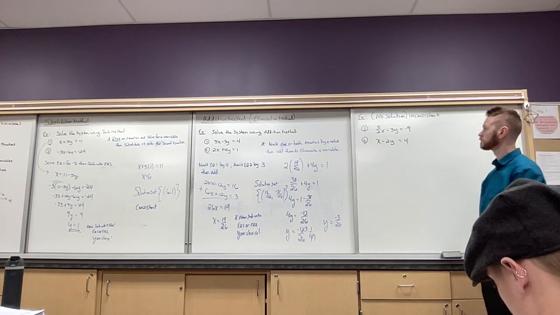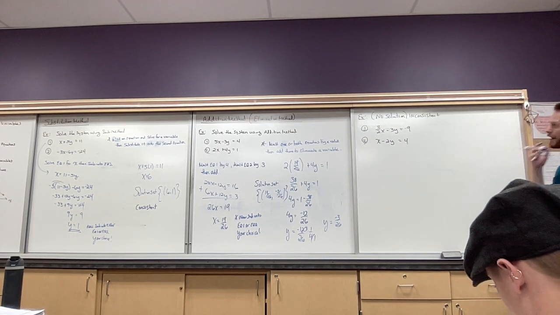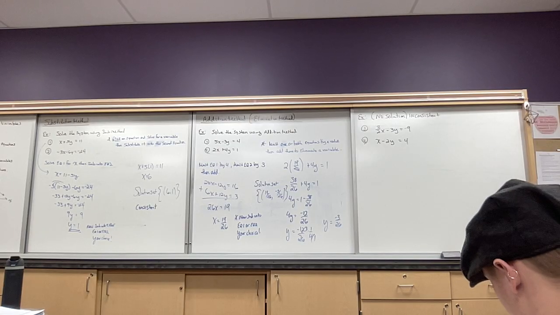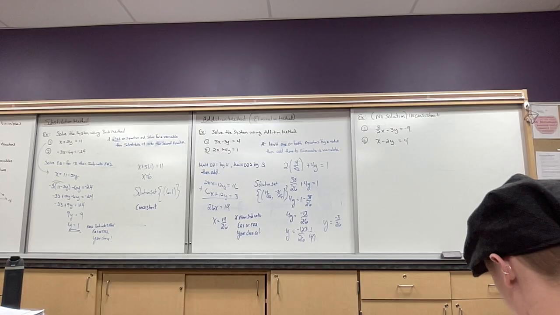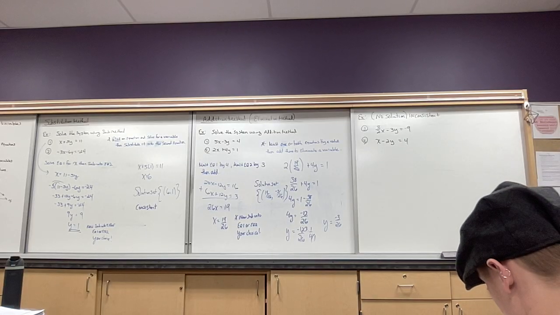Doesn't matter. Substitution wouldn't be too bad. I was looking at that fraction, thinking I could multiply by 2, but yeah, we can do substitution. I think equation 2 would be perfect for it.